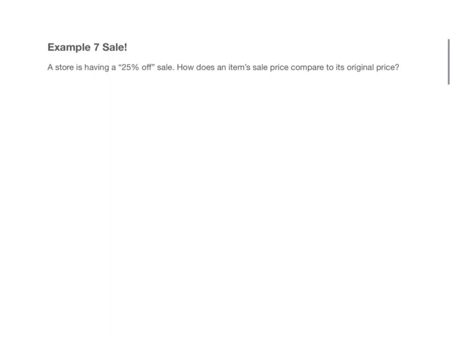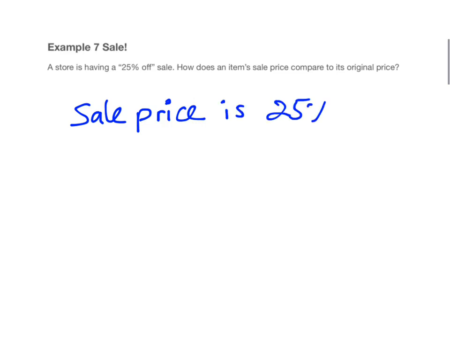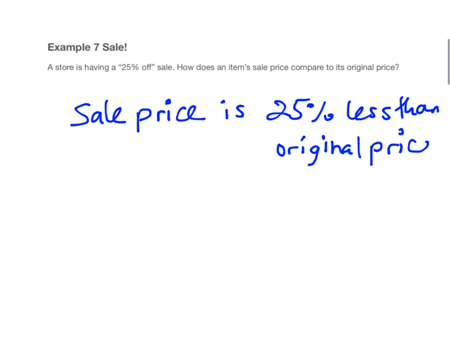All right, here's one more example. A store is having a 25% off sale. How does an item's sale price compare to its original price? So what we're really saying here in words is that the sale price is 25% off, which means less than. So that's 25% less than the original price. That's one way to describe it, but we could also use a percentage that's of rather than less than.